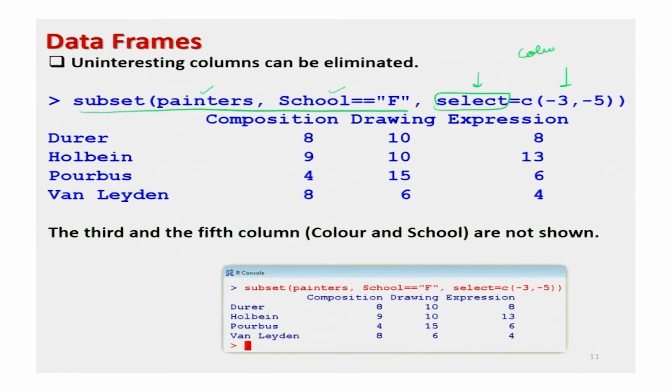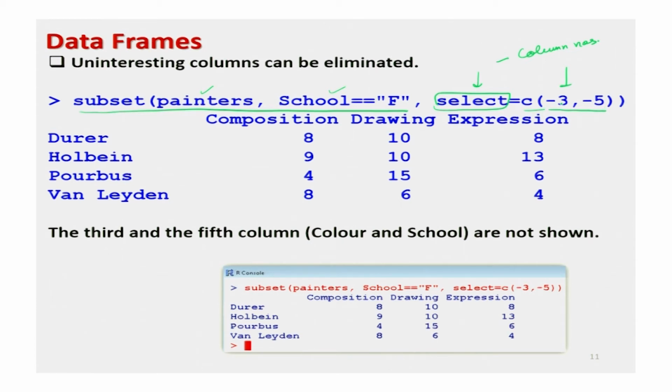column numbers, and then I will use the minus sign. As soon as I use the minus sign, that will inform R that these columns have to be eliminated from the subset, right. So, for example, if I take -3 and -5, so I use the data vector.